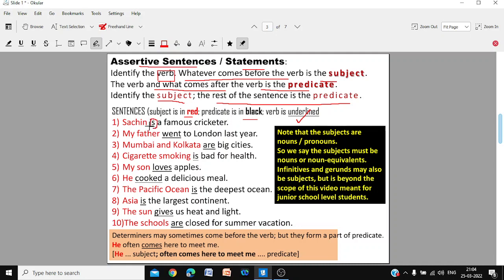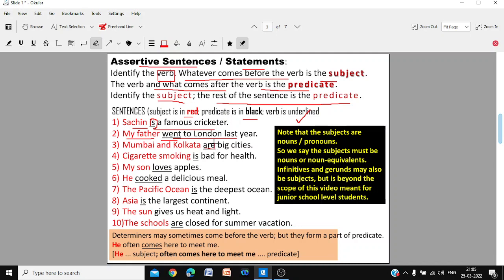Whatever comes before the verb is a subject, and the verb and all that follows is a predicate. Here you identify the verb. What comes before the verb is a subject, and whatever comes after the verb, including the verb and all that follows, is predicate.